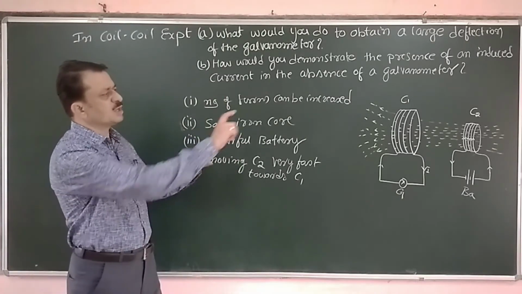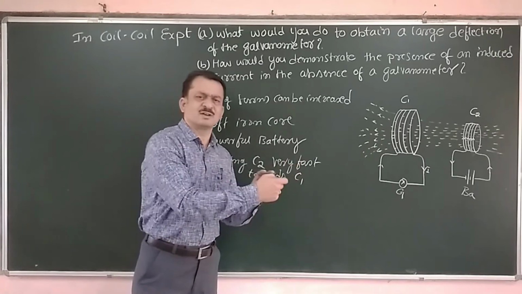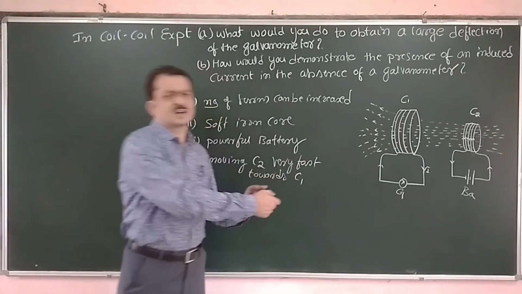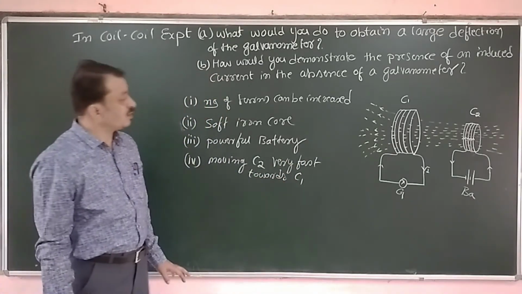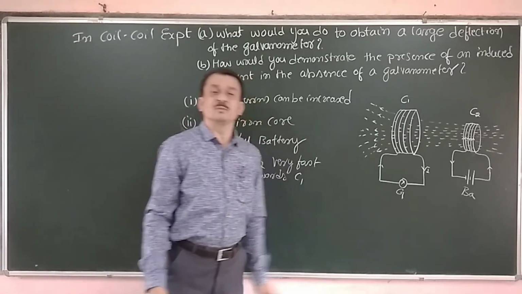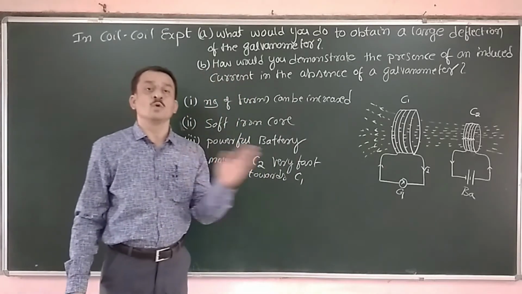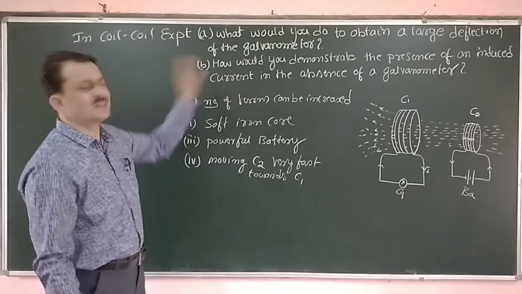The entire coil C2 is moved towards the coil C1 fast, or it is taken out very fast. Then also the galvanometer shows a larger deflection.